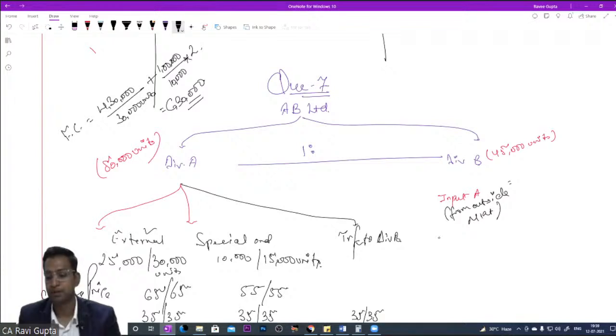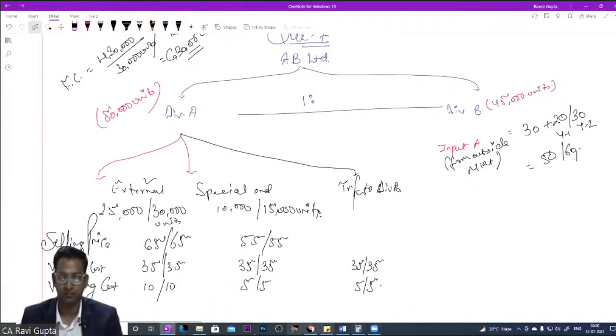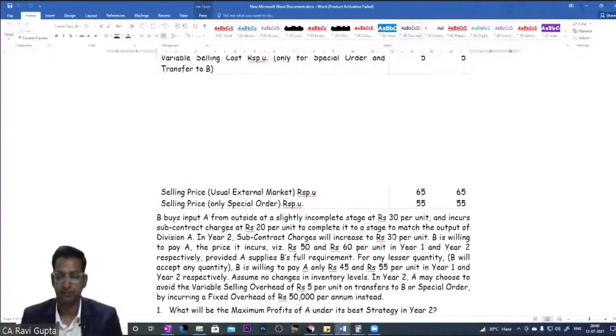In year 1, 30 rupees is the purchase cost and 20 rupees is subcontracting charges, and in year 2, 30 rupees purchase and 30 rupees subcontracting. So what will be our net effective cost? It will be 50 rupees in year 1 and 60 rupees in year 2 if they purchase from the outside market. We have added the subcontracting charges.